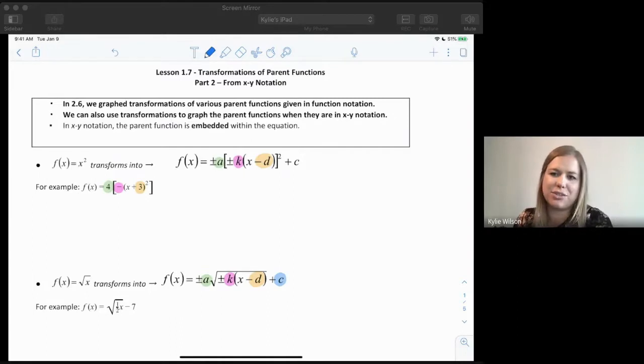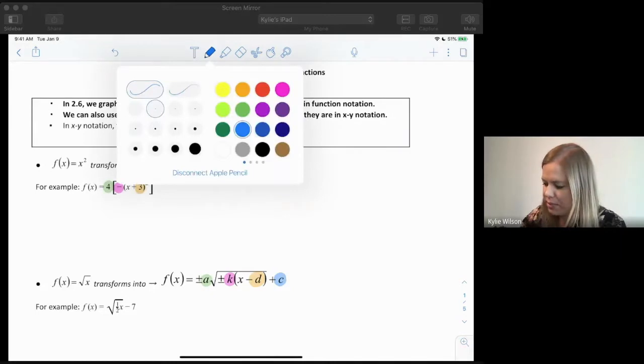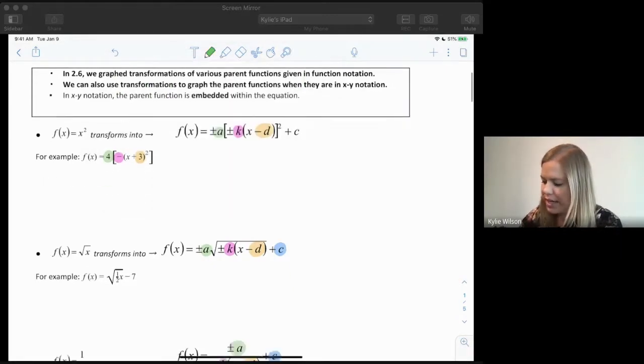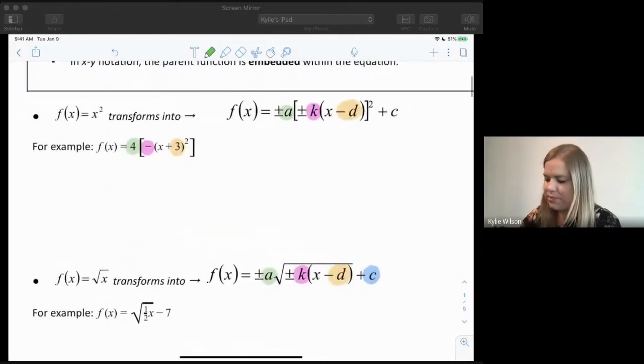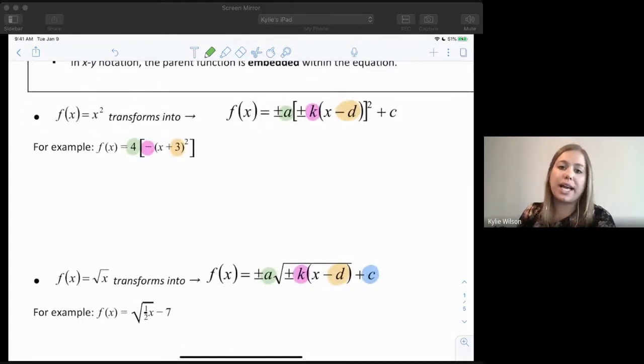That's just an intermediate step to get you started. Here, we have how everything is going to be written. So if I look at my first one here, we're going to look at y equals x squared, or f of x equals x squared, and look at the transformations. If I'm going to write my A, K, D, and C into my x squared equation, it's going to look like this.